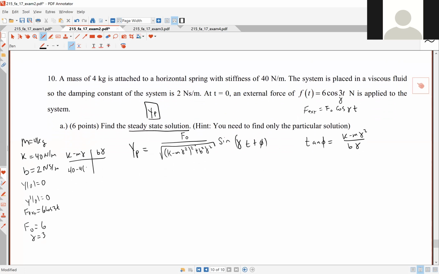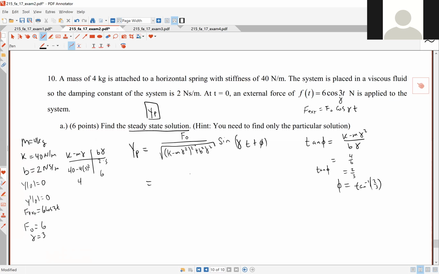Minus m gamma squared, which is 3 squared, 9, times 4 is 36, so that's 4. B gamma is 6. And so tan phi is 4/6 or 2/3. When it's positive, you can say that phi equals inverse tangent of 2/3. I don't know what that is offhand, though.